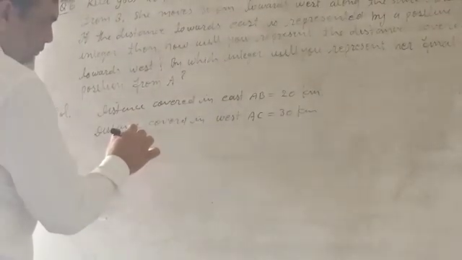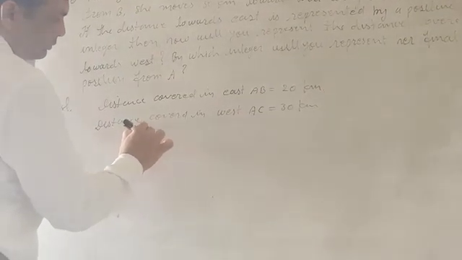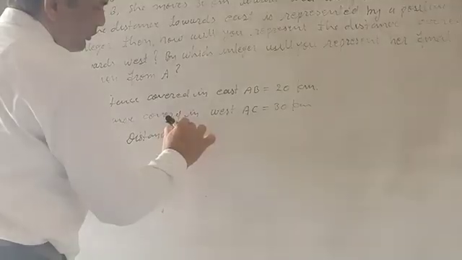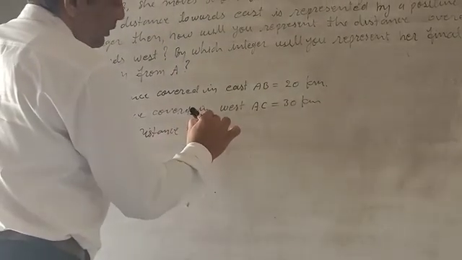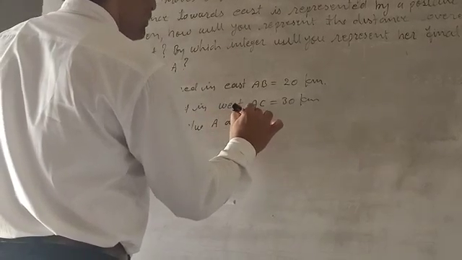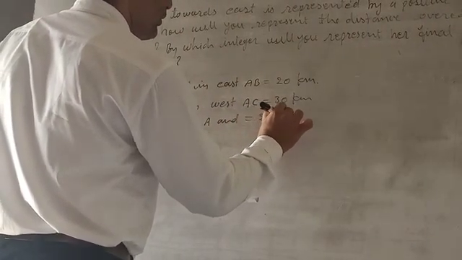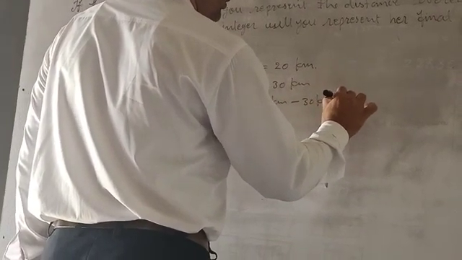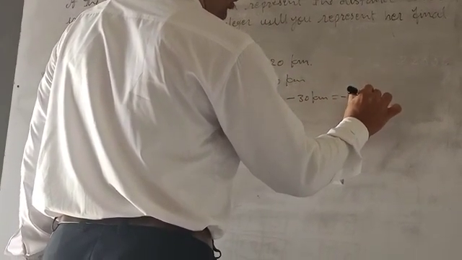Therefore, distance between A and C is equal to 20 kilometer minus 30 kilometer is equal to minus 10 kilometer.